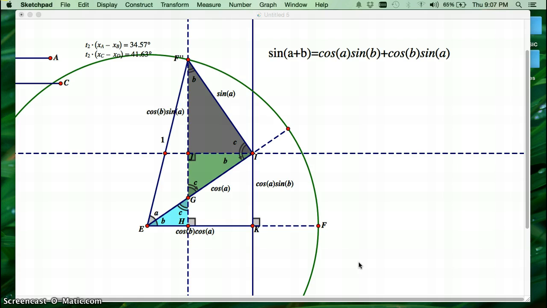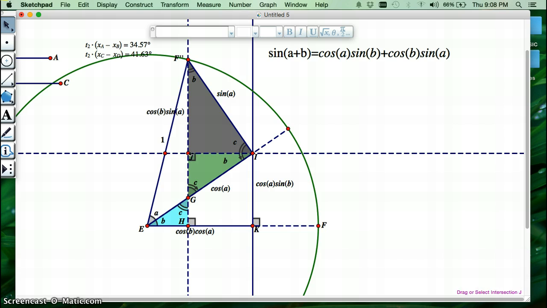Now that we have found the sine of alpha plus beta, we want to find the cosine of alpha plus beta, which is the length from E to H. We already know that the length of E to K is cosine beta times the cosine of alpha. If we look at the gray triangle, the missing side is sine beta scaled down by the hypotenuse sine alpha.